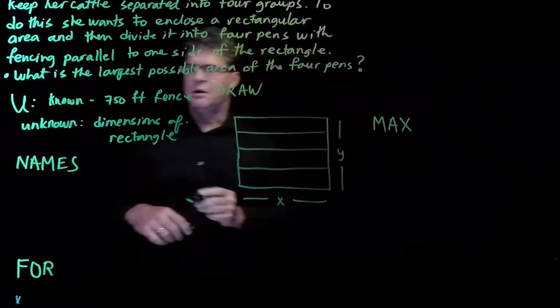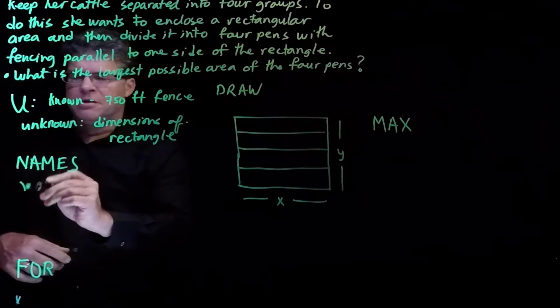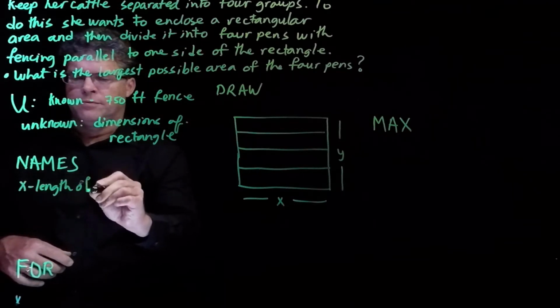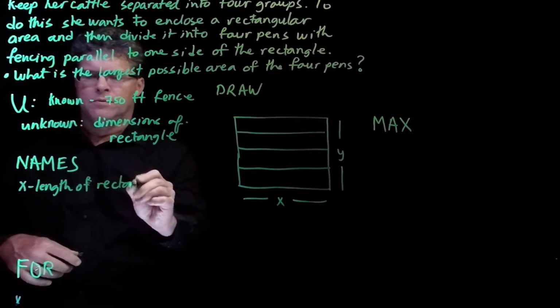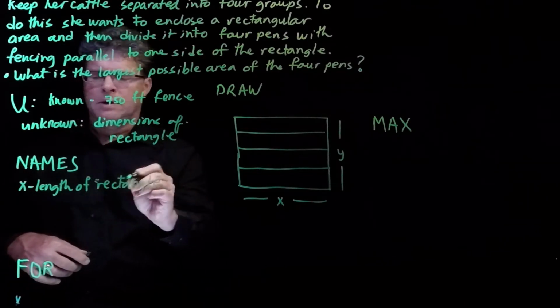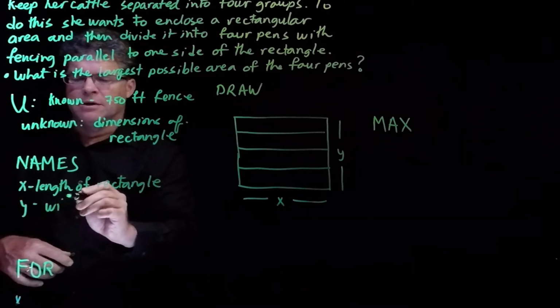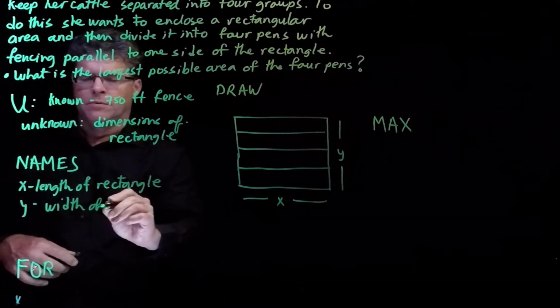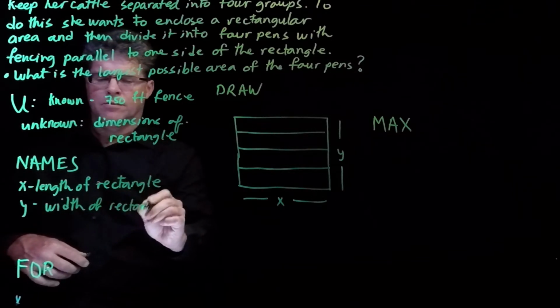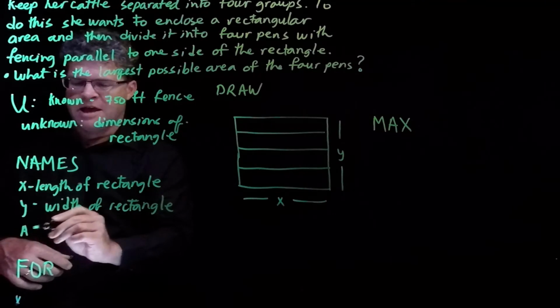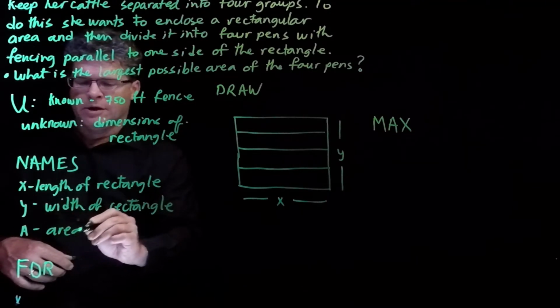And so we're going to call X as the length of the rectangle. And then Y is the width of the rectangle. And then the thing we're interested in here is A, the area of the rectangle.